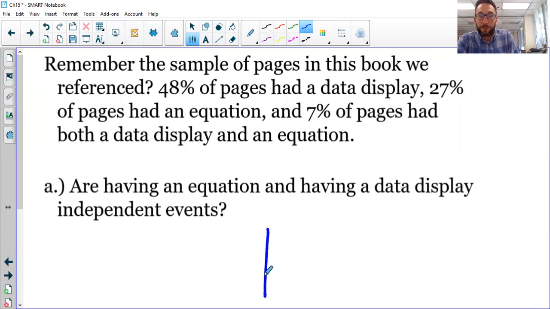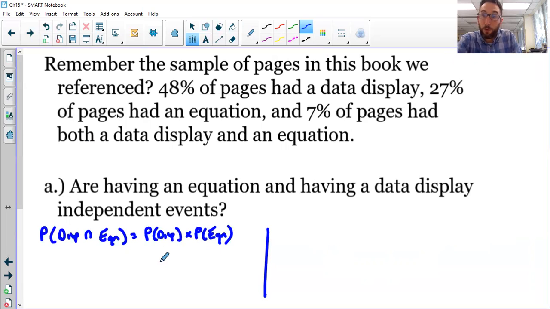So two options. We could look at whether the probability of display and equation equals the probability of display times the probability of equation. In previous examples, many of us have been trying to multiply when we shouldn't. We can't use the multiply rule unless we know the events are independent. Here, we'll check.